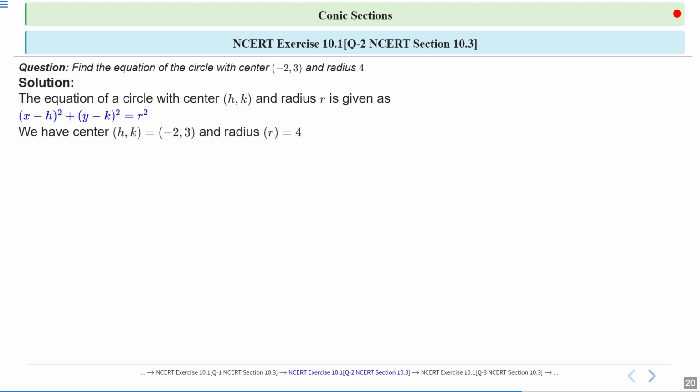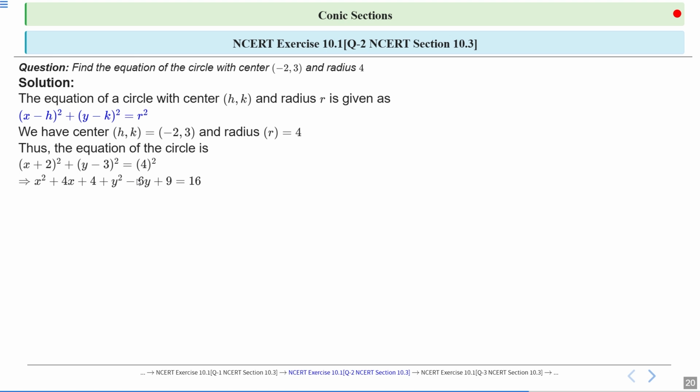Now just put the values of h, k and r in the above equation. So thus the equation of the circle is (x plus 2) whole square plus (y minus 3) whole square equal to 4 square.